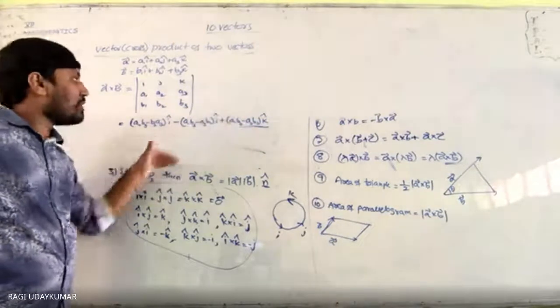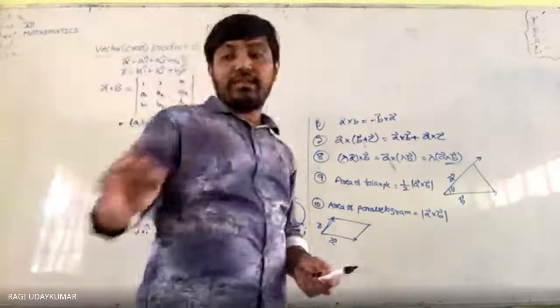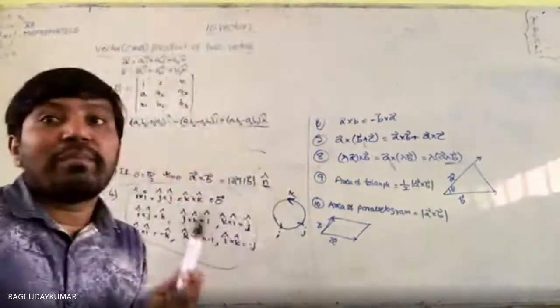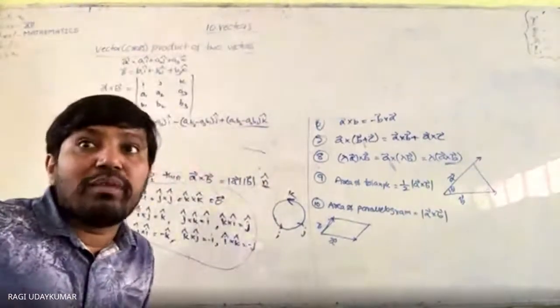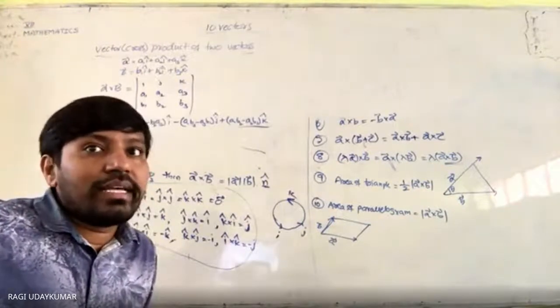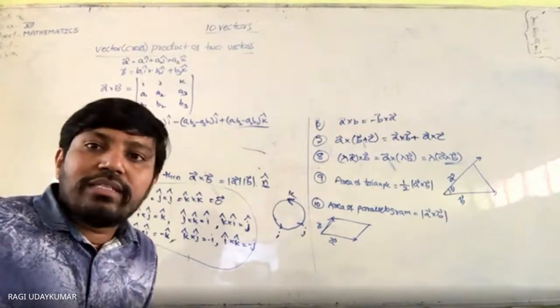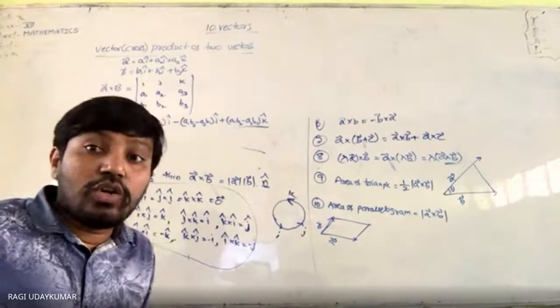So like that, the easiest way to find the cross product of two vectors is using the determinant of the 3x3 matrix obtained by taking the first row as i j k, the second row as the first vector, and the third row as the second vector.